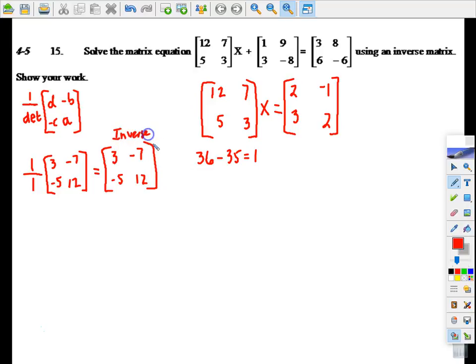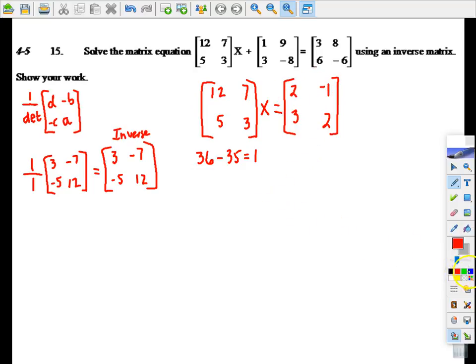All right. So we said the way we solve this is by using an inverse matrix. We're going to multiply this inverse times the matrix on the right. I hope you understand that when you multiply a matrix by its inverse, it's just going to produce x on the left. So I'm not going to make you show multiplication on both sides. I just want you to show multiplication of this inverse matrix times the right side.